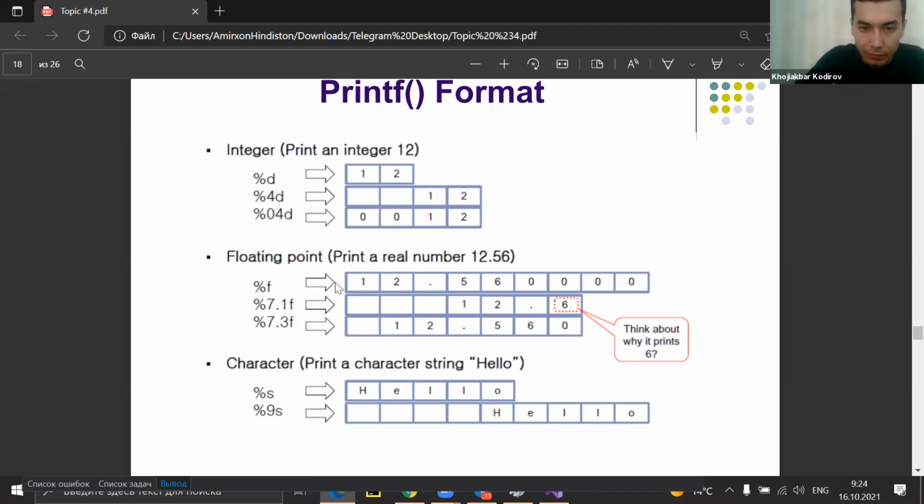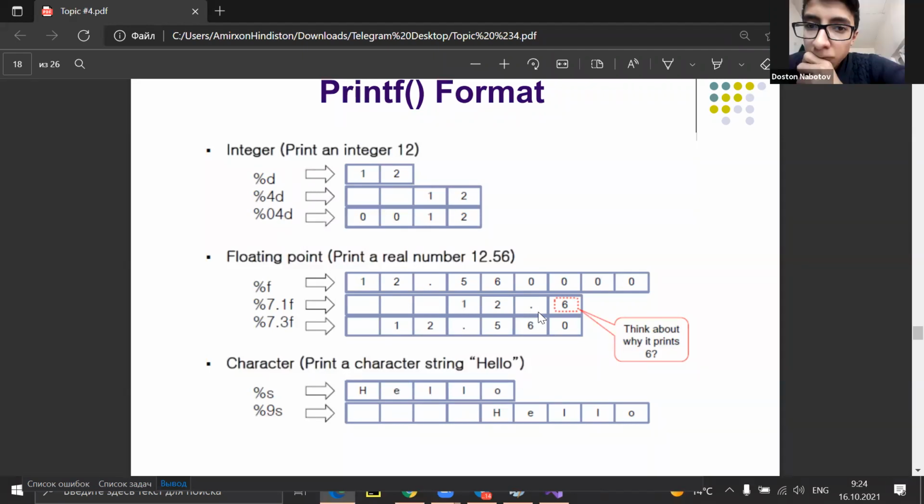And the floating one, again, just the floating number. If I print this number as percentage F, I will get 12.560000. When I do just 7.1, if after the floating point I need just one digit, then I'm getting 12.6. Who can say why I'm getting this result?